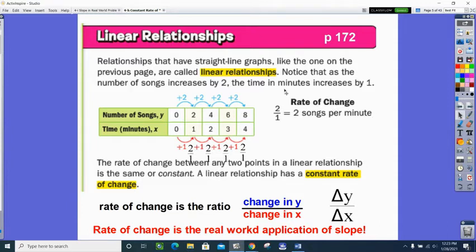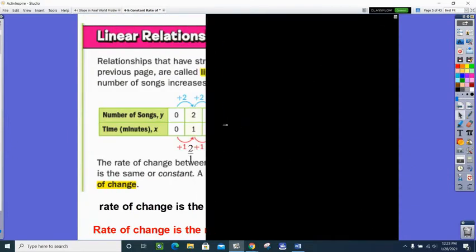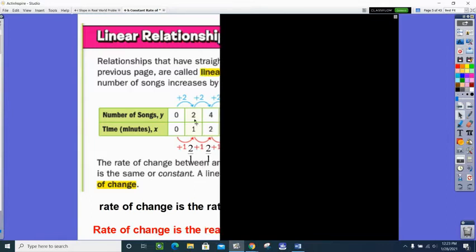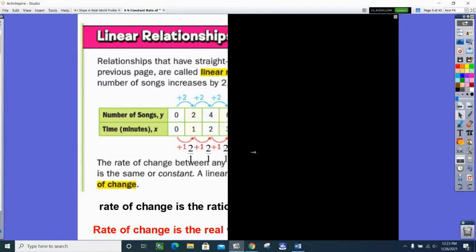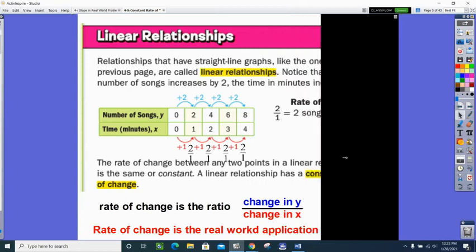So remember that on a table, to determine if something is a line, you're basically going to calculate the slope of all the points connected. So here's your y, so 2 minus 0 over 1 minus 0, so 2 over 1. And then you go to the next 2 points, which would be the (1, 2) and the (2, 4), and you'd calculate the slope, and that would be 2 over 1. And that's kind of what we did on the last slide.